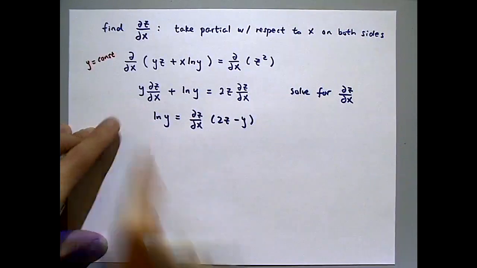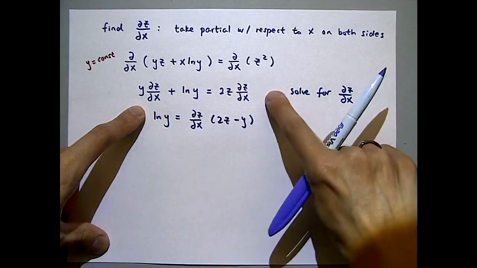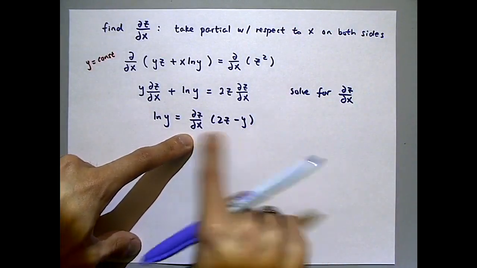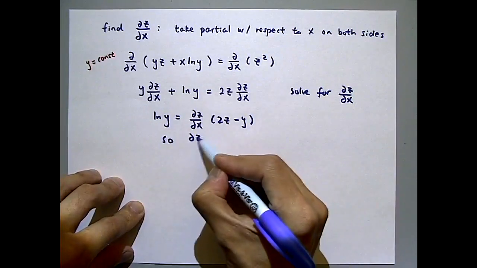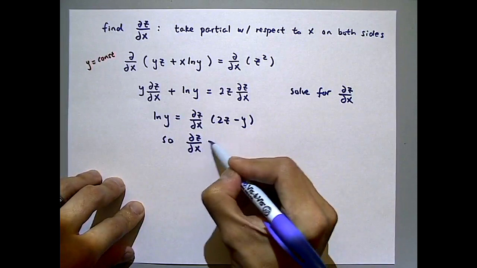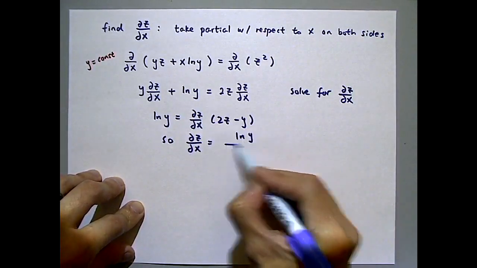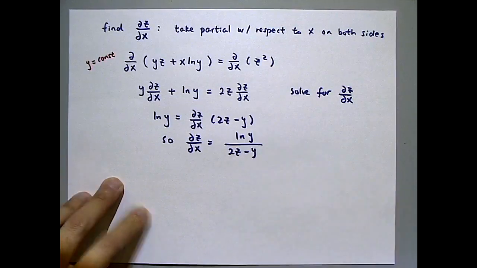All right, so I subtracted y times the partial of z with respect to x to the right-hand side, and then I factor that out. So, partial derivative of z with respect to x is equal to natural log of y over 2z minus y.